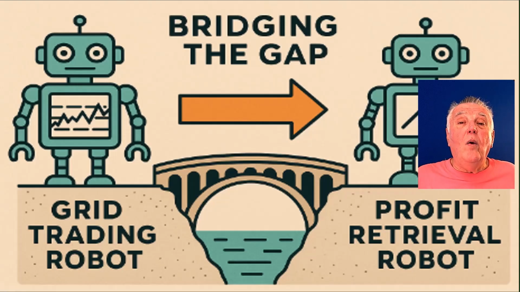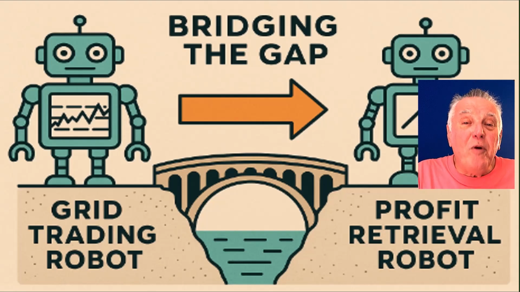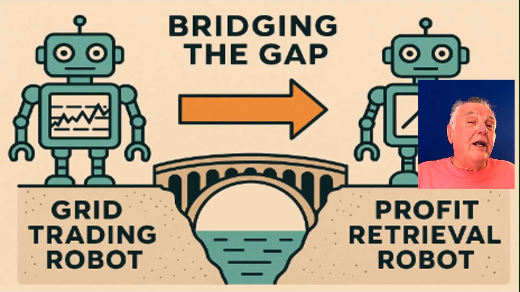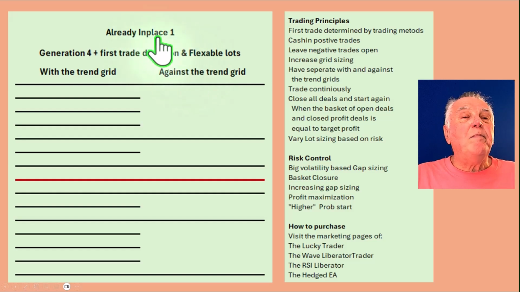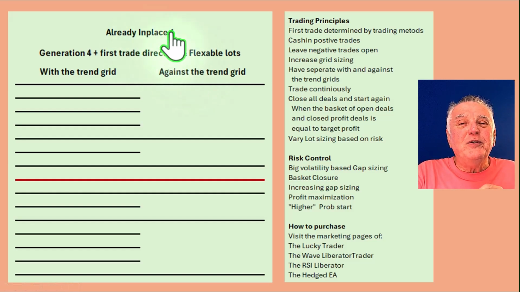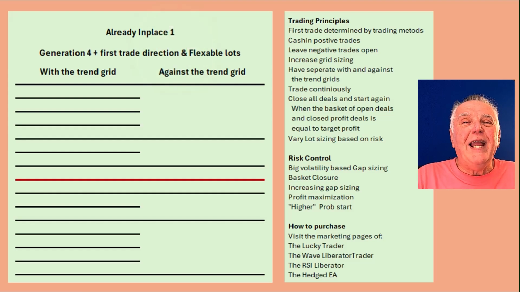So now this is where we're going to bridge the gap between grid trading and profit retrieval robots. So let's have a look, and owners of our robots are going to be completely surprised by this. So the heading here is already in place, so it's actually another technique that you can use in grid trading, but we already have them in place.